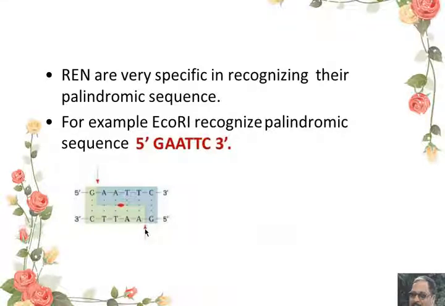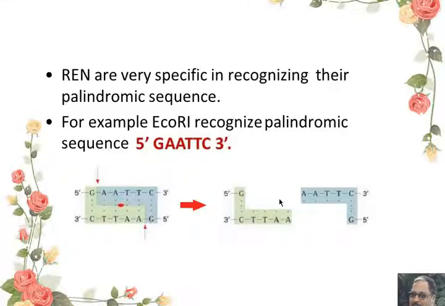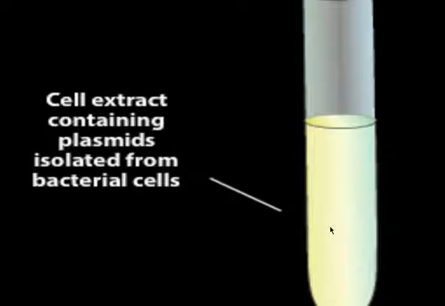The phosphodiester bonds are cleaved and then the DNA is cut, releasing free nucleotides. These free nucleotides are called sticky ends, and it is in these regions our gene of interest is inserted. So this is how the palindromic sequences are identified by these specific RENs and help in cutting the DNA.